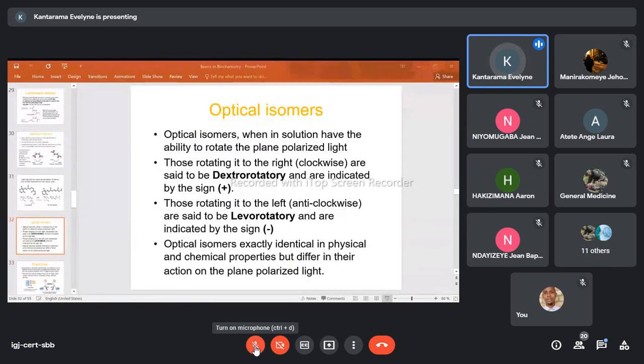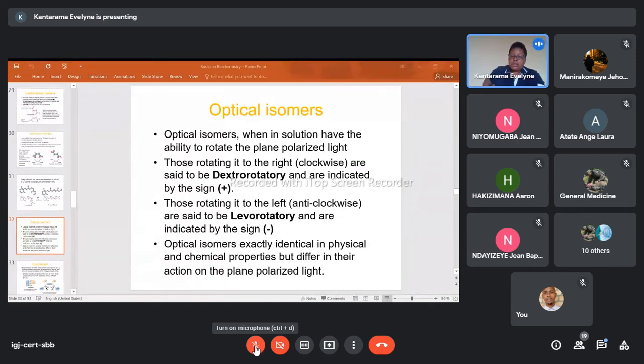Optical isomers are identical in physical and chemical properties, but differ in the action on plane polarized light. Those optical isomers are the same in chemical properties and physical properties, but the difference is the way they deviate or turn this polarized light.